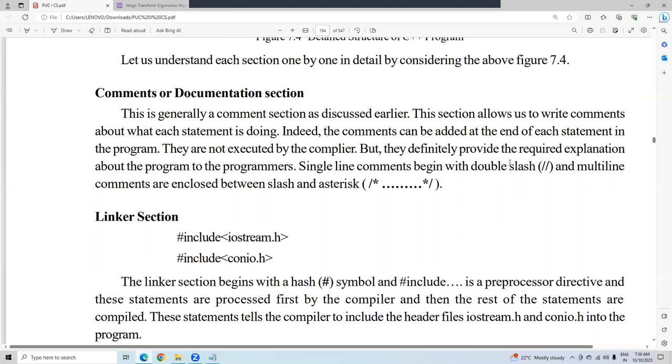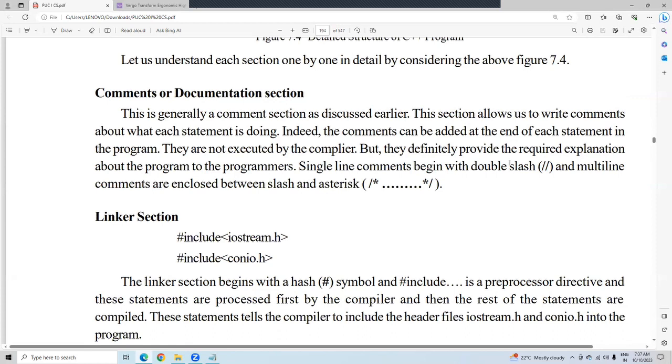Comments or documentation section. This section gives the explanation about the program, the purpose of writing this code, why you are writing it. Why do you have to write this documentation section? Because now you have some idea, some logic, so you'll be remembering it, but in the future, after a few years, you may not remember why you wrote this program.